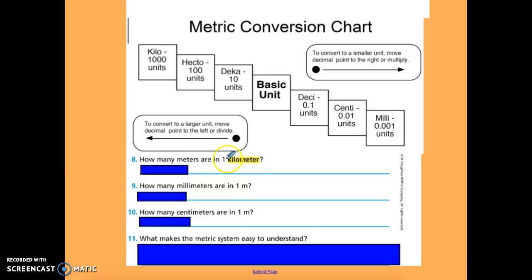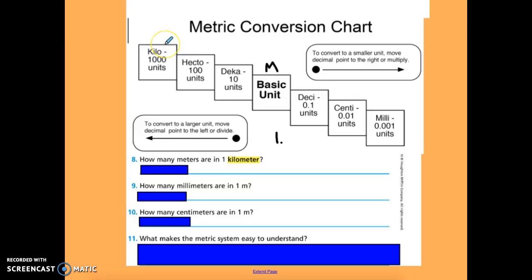How many meters are in 1 kilometer? So first off, I've got to figure out where kilometers are. And they're way up here. Okay, I've got 1 kilometer. I'm going to write my 1, and I'm going to put the decimal behind it. Because remember, when we write a regular number, the decimal point goes behind it. And I want to go to meters, from kilometers to meters. And remember, our base unit here is meters. Okay, so I'm at 1. And I'm going to figure out how many decimal places I need to move. And I'm going to have to go towards the right because my number is going down the chart, which means it's getting smaller.